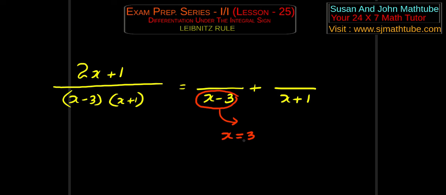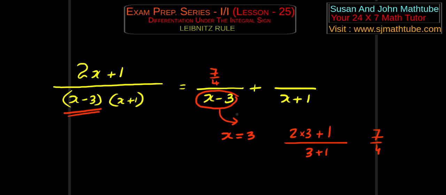Now what I do is, I substitute this everywhere other than x minus 3. So I will get 2 into 3 plus 1, the whole divided by 3 plus 1, and that will be 7 by 4. So I can write 7 by 4 here.